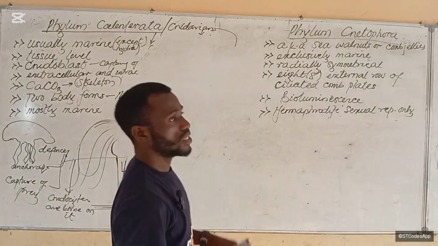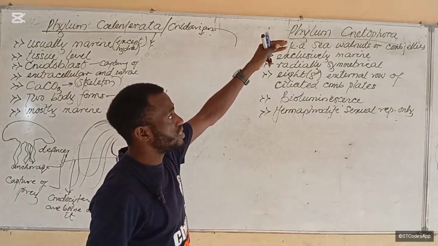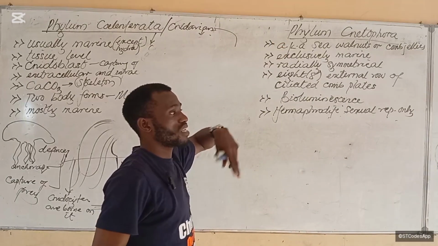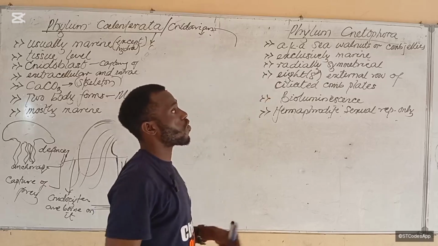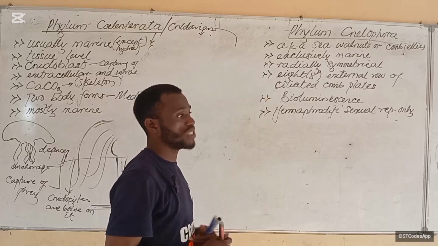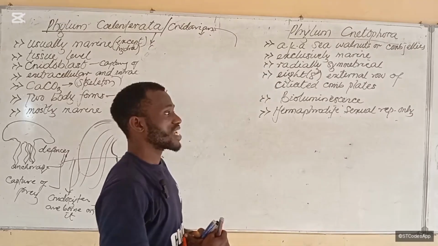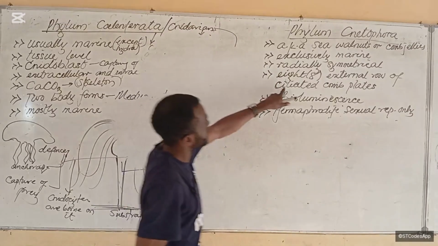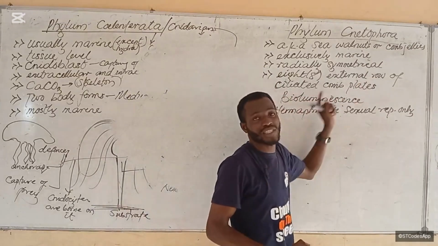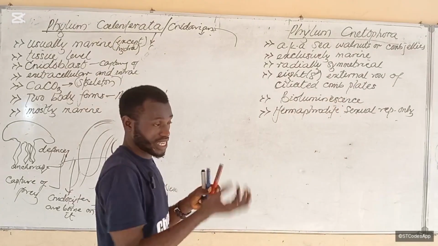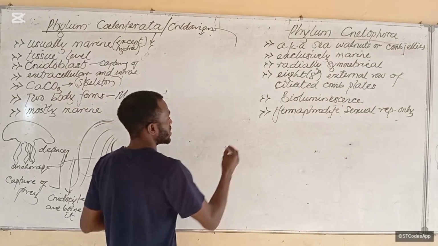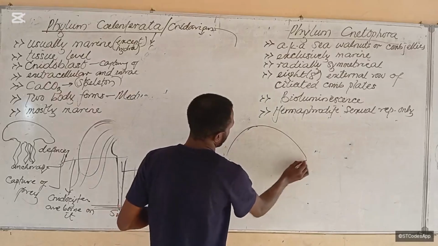The ctenophorans are also called sea walnuts or comb jellies. That's because they have external rows of ciliated comb plates that look like the extensions of a comb, and they have a general body form that looks something like this.